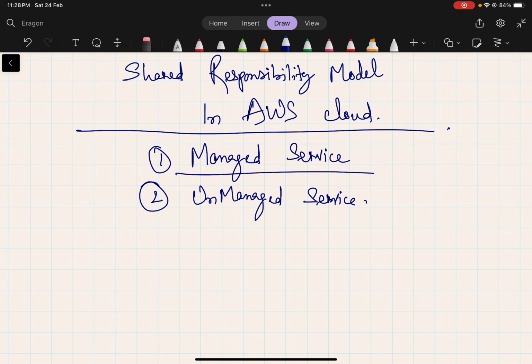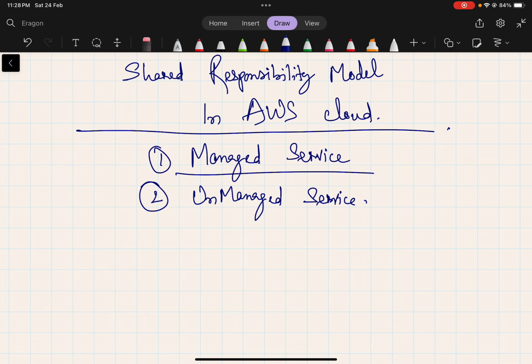Managed services are like RDS and DynamoDB, which are completely maintained by AWS. It is not the responsibility of the customer to update the patch, fix bugs, or handle antivirus or anything related to the infrastructure or any other problems.